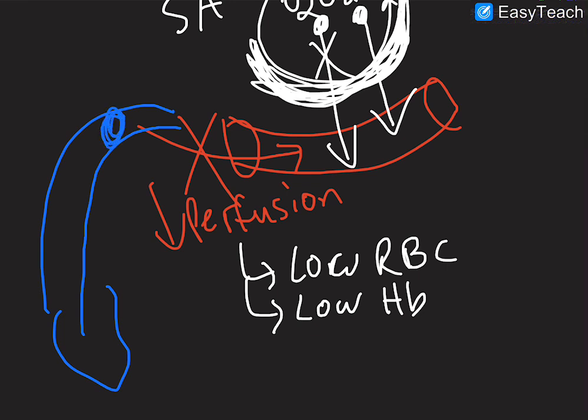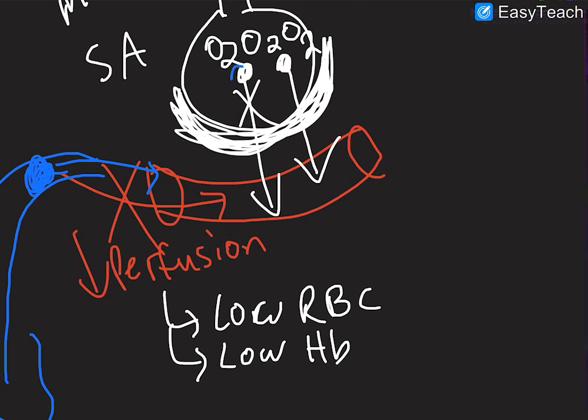What if we have a clot right here? That's going to severely decrease perfusion, which means you're not going to have many red blood cells for all these oxygen molecules to bind to. And so that's going to lower your DLCO value.